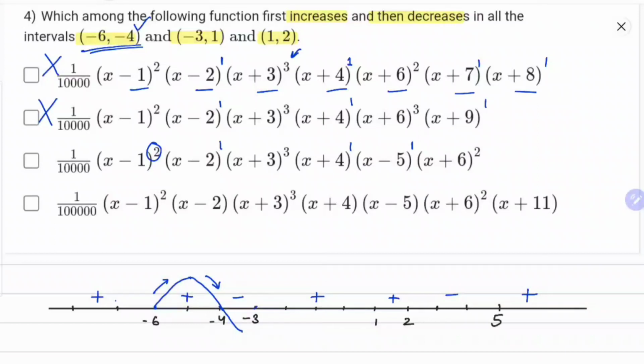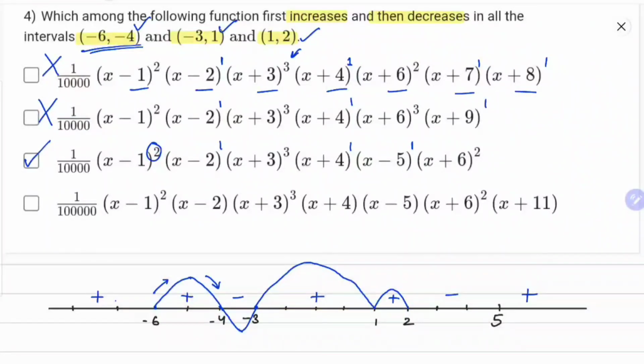Then in minus 3 to minus 1, at minus 3 the graph would be like this, then it will be positive, and then it will again reach 1. So it is increasing and then decreasing. So in the second area also it is first increasing and then decreasing. Then in 1 to 2, this condition again satisfies, it is again increasing and then decreasing. So our third option is correct.